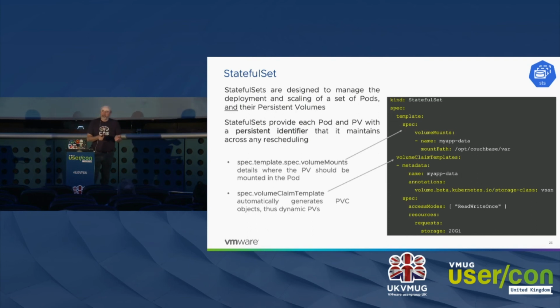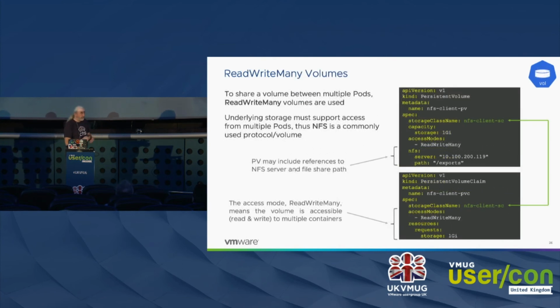It cannot be shared. But there's definitely a need to be able to share volumes, be able to share state and so on between multiple pods. And this is typically achieved through NFS. So NFS will allow a volume to be created with an access mode in Kubernetes speak, which is read-write many, not read-write once.